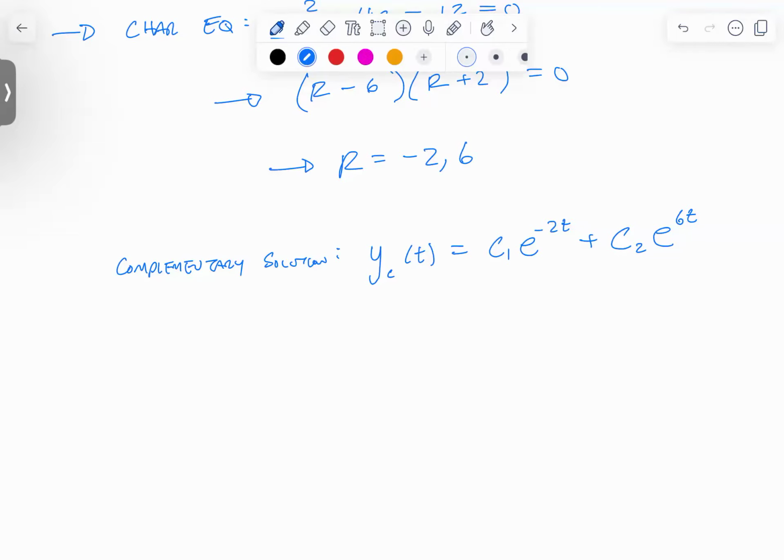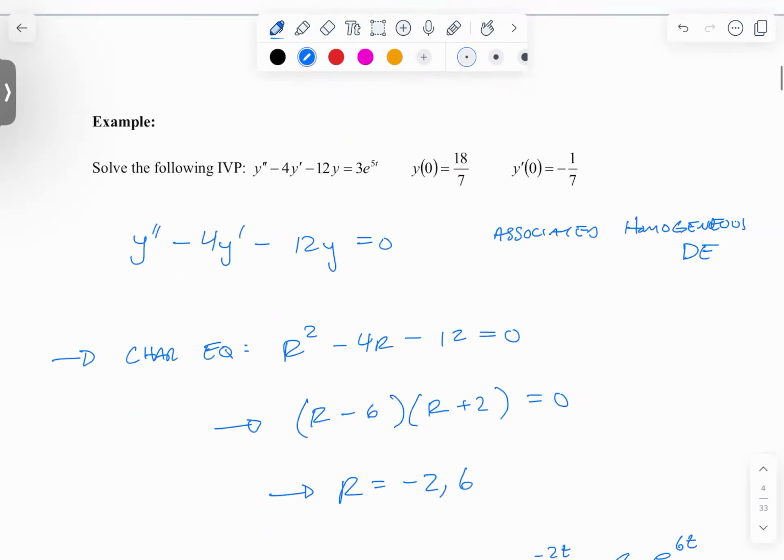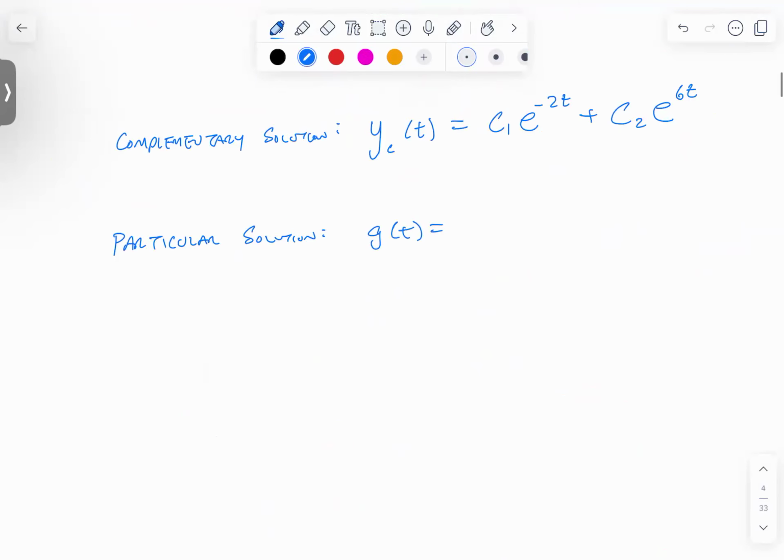Now here's where the meat comes in. In order to do the particular solution, we identify our g of t function, which is 3e to the 5t. And basically we make a guess for what the particular solution is.